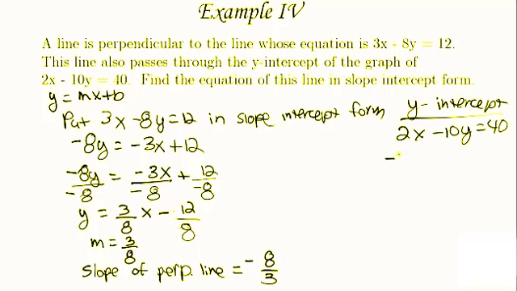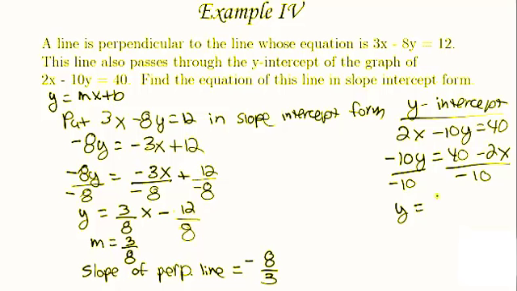First thing is to subtract 2x from both sides. Then divide both sides by negative 10. So divide by negative 10, divide all that by negative 10. The negative 10s cancel out, and then it's going to give me y equals 40 divided by negative 10 minus 2x over negative 10.